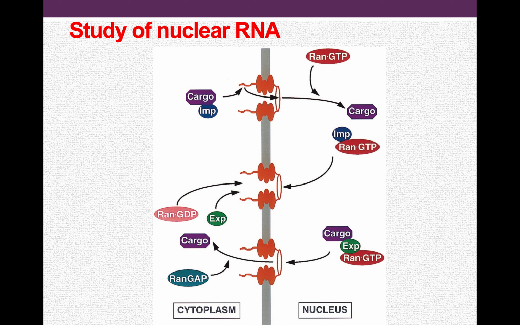Anything that is to be transferred from the cytoplasm to the nucleus, the process is called import. So you have an importer. From the nucleus to the cytoplasm, we call it export and not the other way around. So this is actually a very precise mechanism. Don't ask me why. It has to be precise such as this.